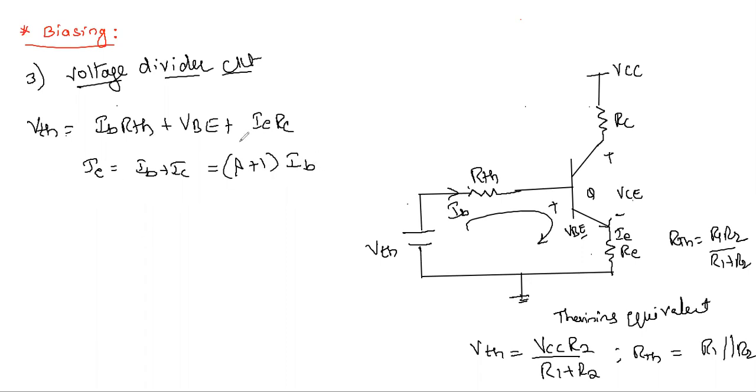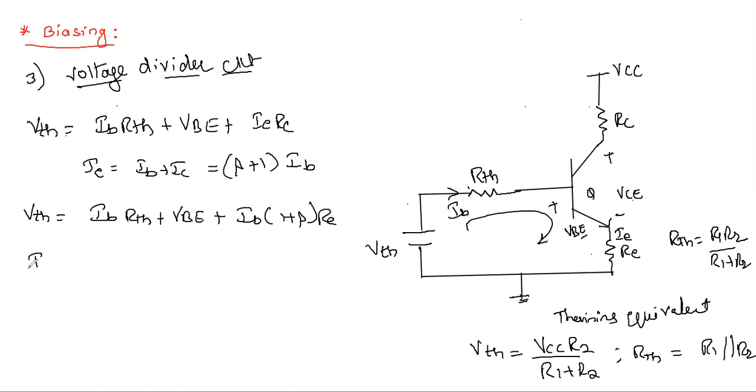If I substitute this in the above equation, VTH we will be getting as IB RTH plus VBE plus IB into 1 plus beta into RE.